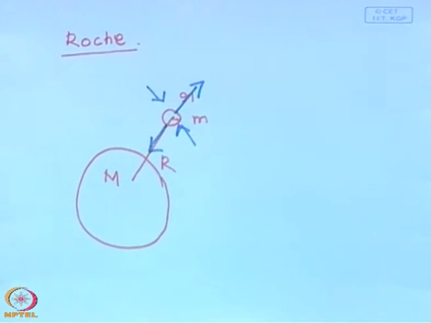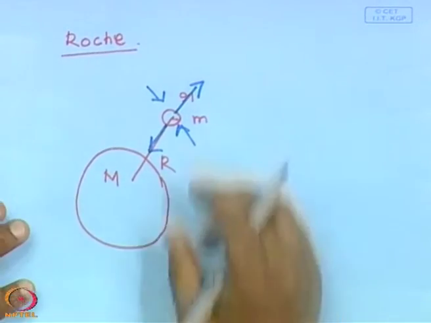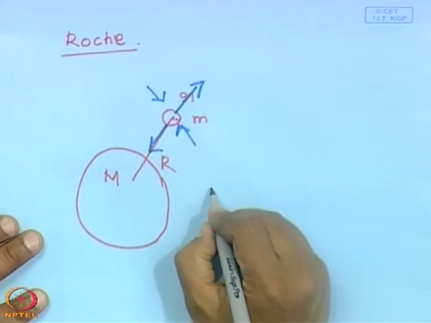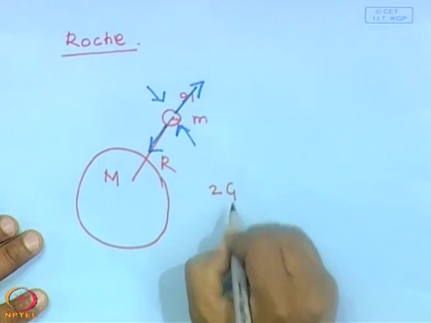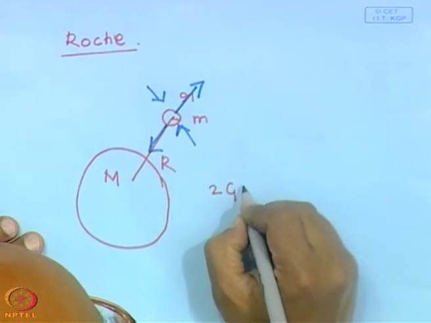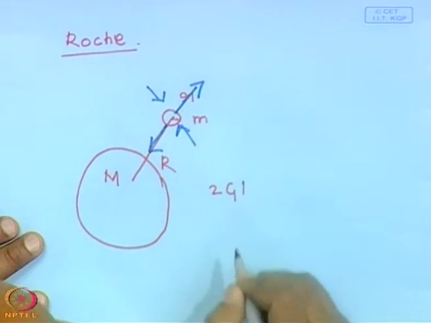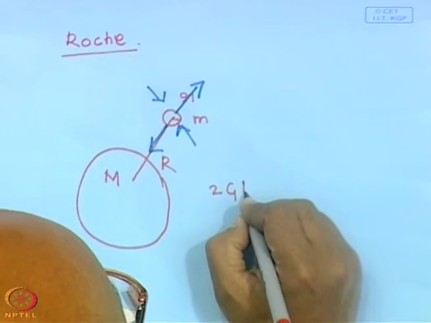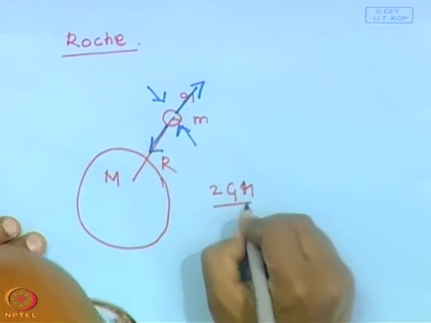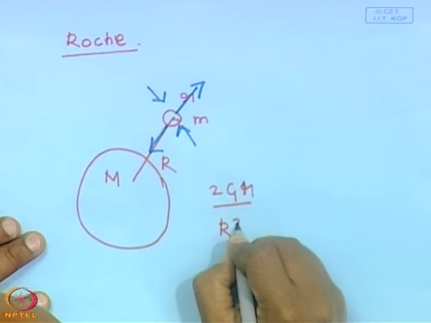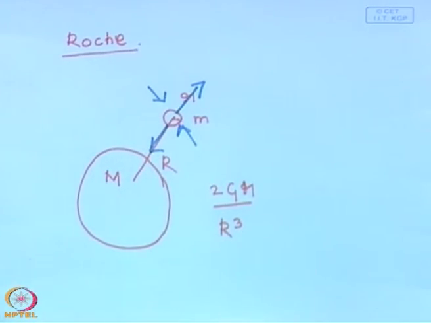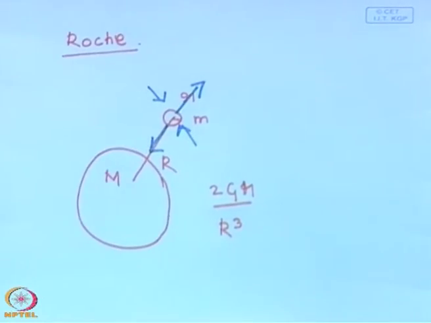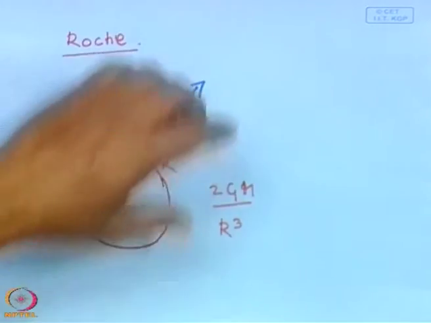So, at that distance, the tidal force which is trying to pull it apart is 2GMr/R^3, right. That is the tidal force which is trying to pull this object of radius small r apart. That is a radial tidal force.